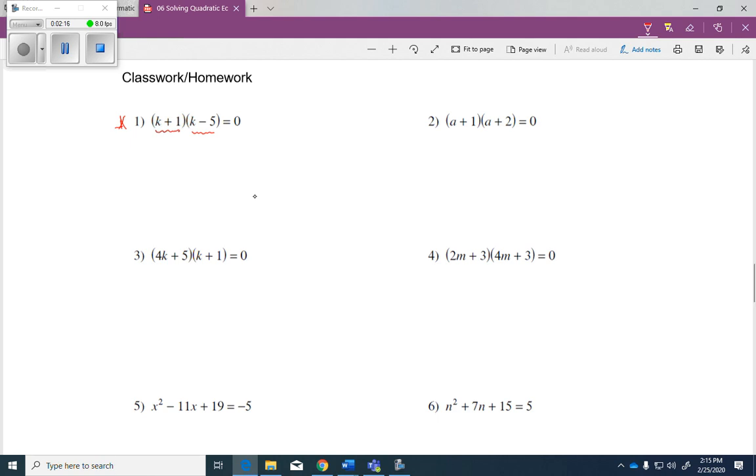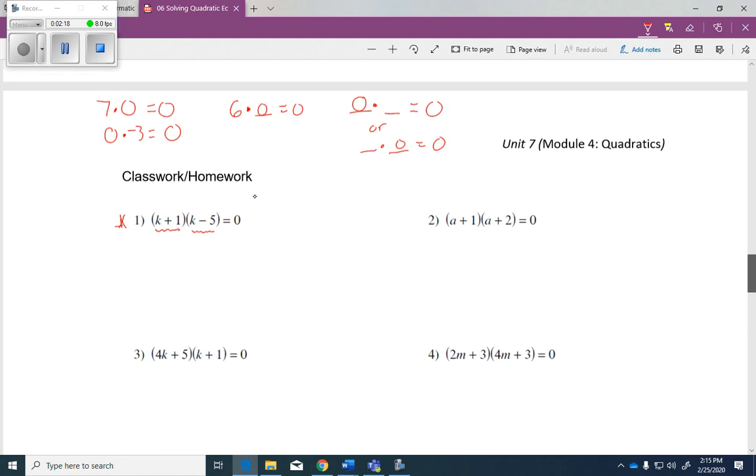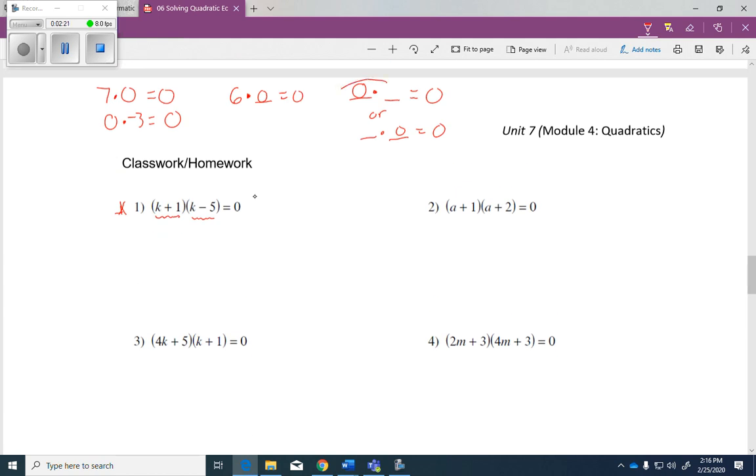So using that zero product rule, what we did up here, we know either the first factor is 0 or the second factor is 0. Either this k plus 1 is 0 or this k minus 5 is 0. And this is how we write it.